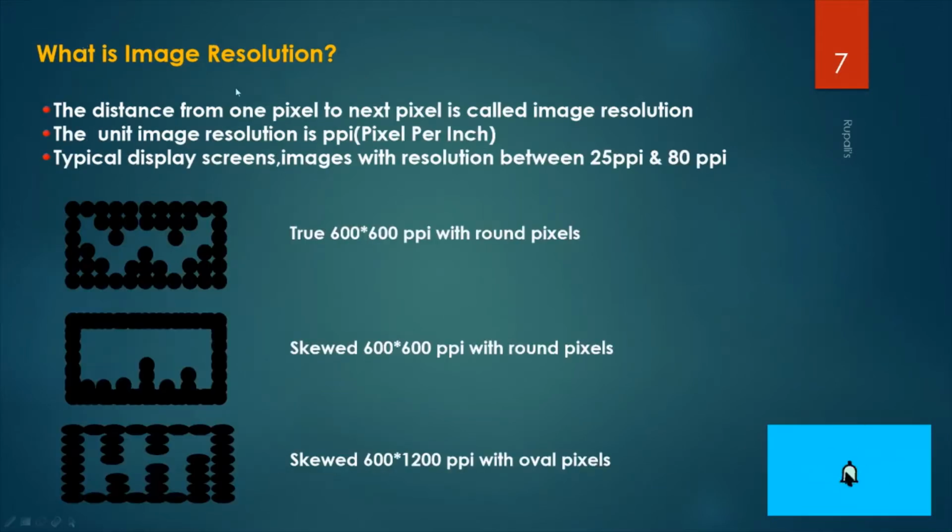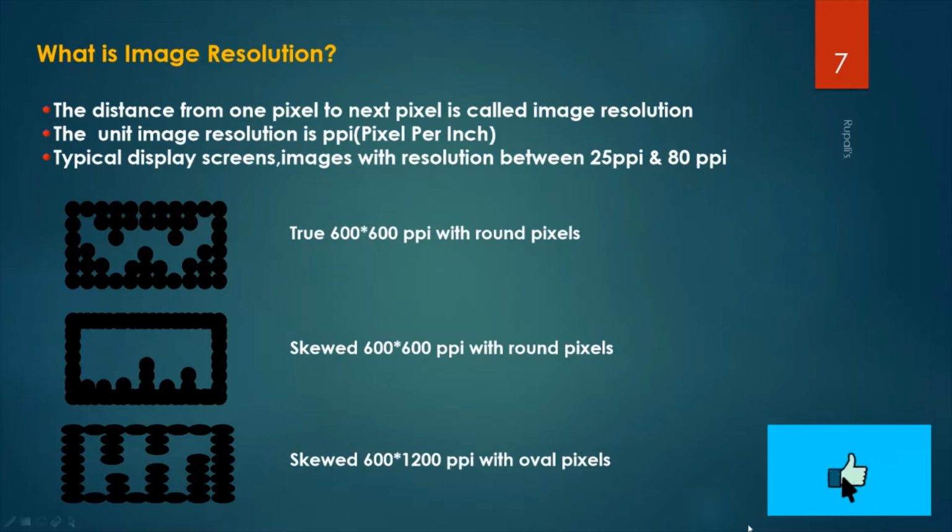Then what is image resolution? The distance from one pixel to the next pixel is called image resolution. The unit for image resolution is PPI, that is pixels per inch. Typical display screens have images with resolution between 25 ppi and 80 ppi.